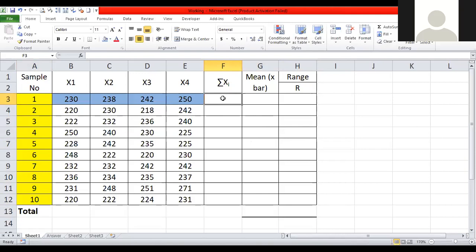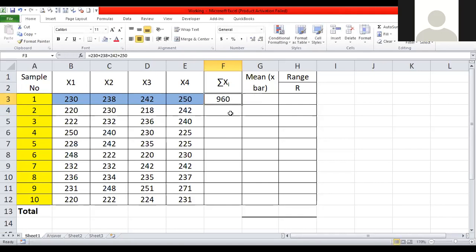So first I am going to calculate the total. So total you can calculate by adding these values, that is 230 plus 238 plus 242 plus then again, what is the next answer? 250, right? 230 plus 238 plus 242 plus 250.